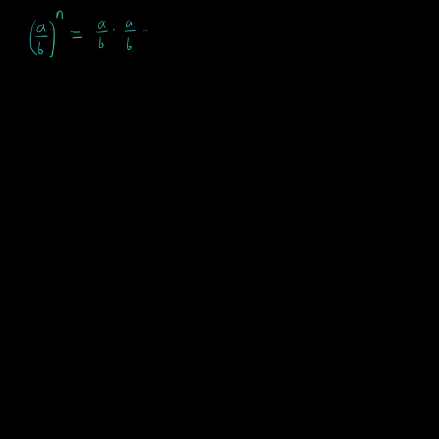So if I have this written out where this keeps going, and so this would in all be n times, we would multiply a by itself n times, and so we can write that as a to the n over b to the n.